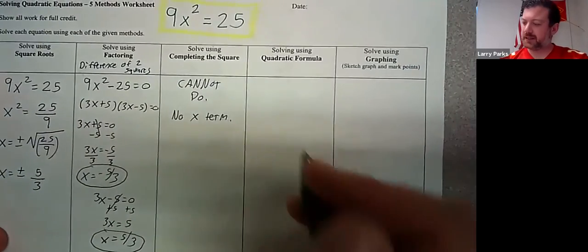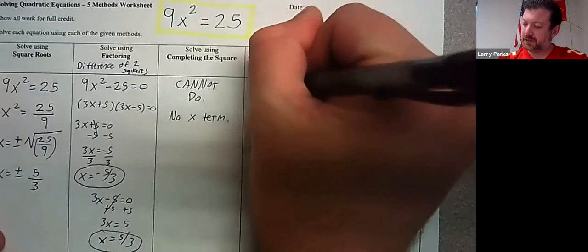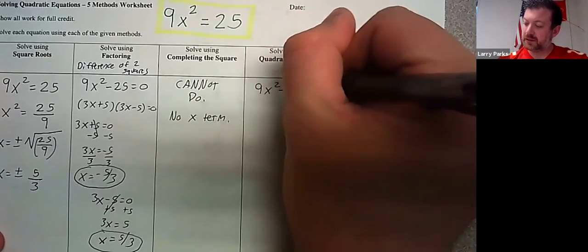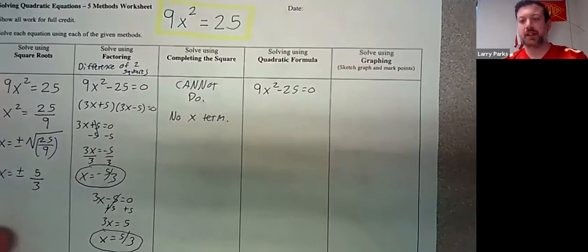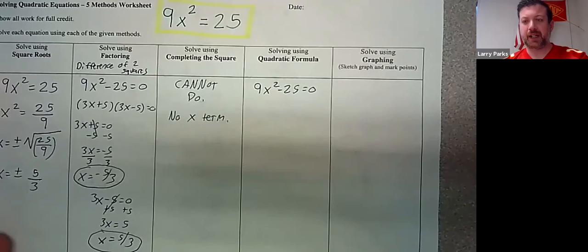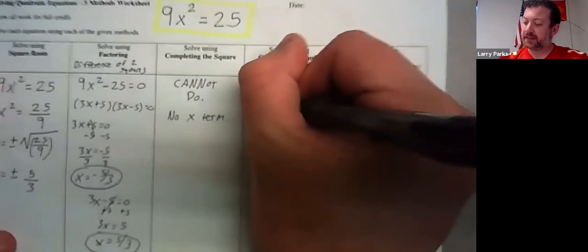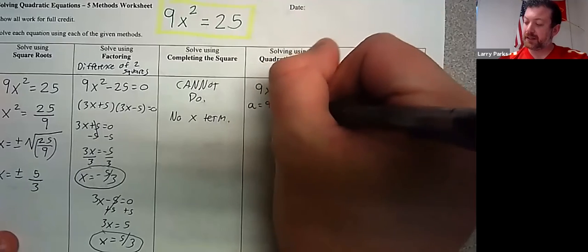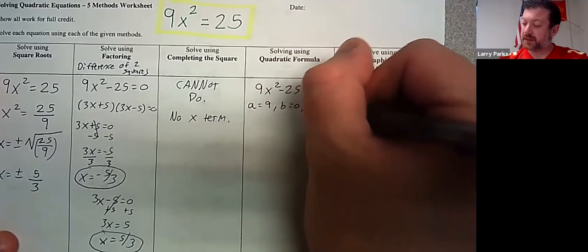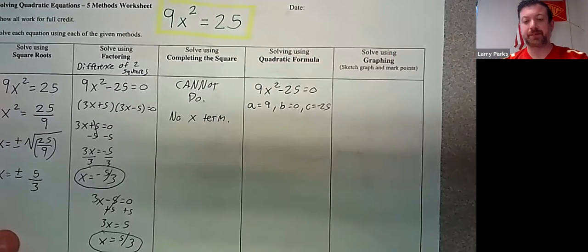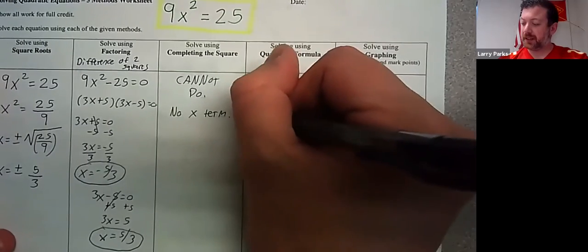Quadratic formula. Let's see. 9x squared minus 25. So I say a is 9, b is 0, c is negative 25. And I'd plug into my formula.